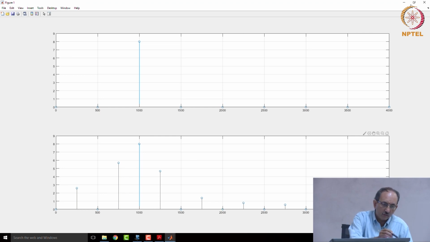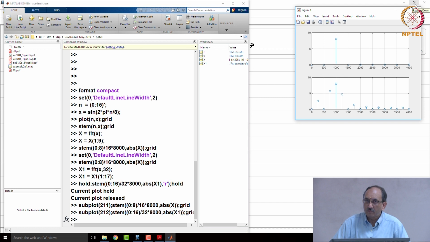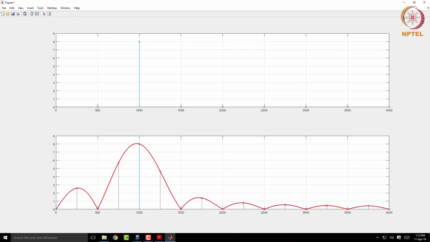To show that, let me plot the DTFT, and I will show you the final plot, and then we will make a comment on that. So, this is the DTFT, and clearly you are able to see that the samples are indeed the samples of the DTFT.